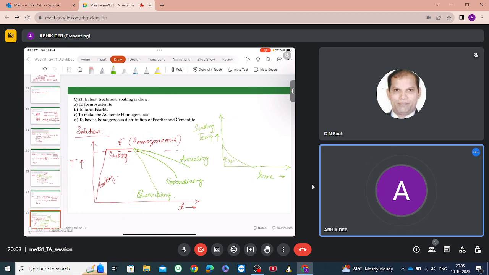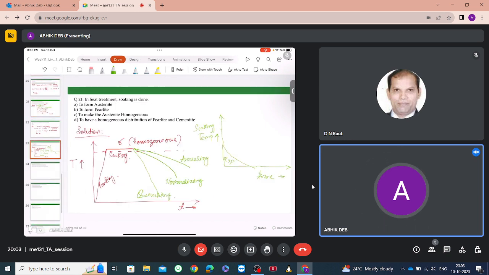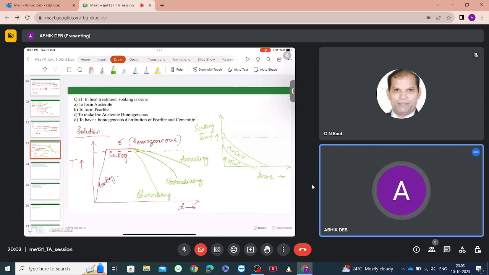We are starting from this region, say the alpha plus pearlite region, plus whatever silicon, vanadium or manganese is present, the carbides of that. So C means carbides. As we heat it up to say this temperature, first the alpha and carbides will remain the same, but the pearlite will convert to austenite.